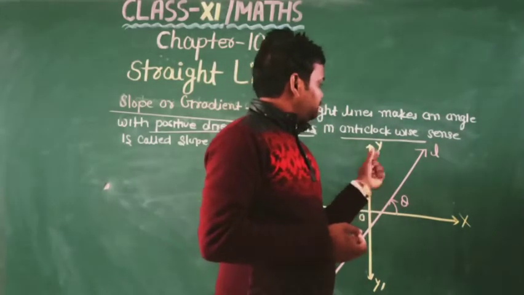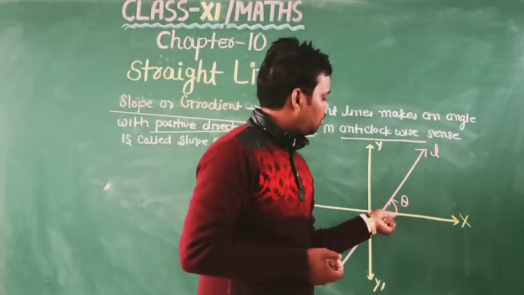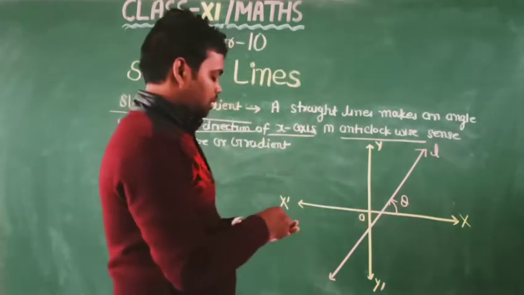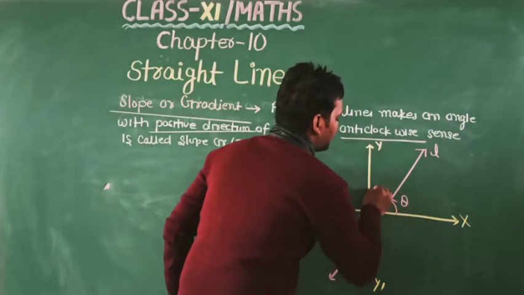The measurement of angle is always in anti-clockwise sense. Then this is called the slope or gradient of that line. If this is theta, then this angle is pi minus theta.